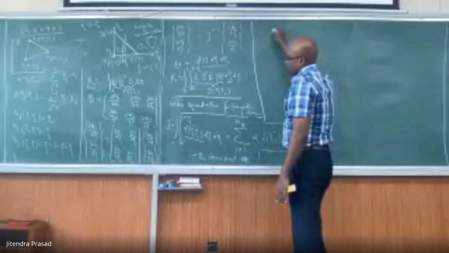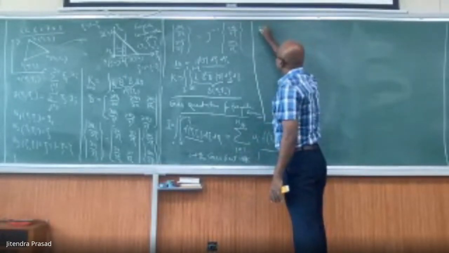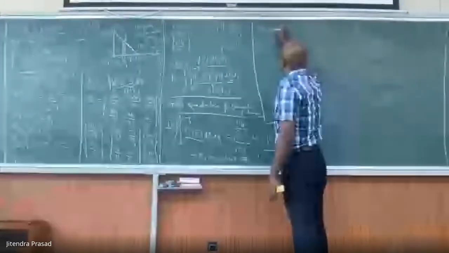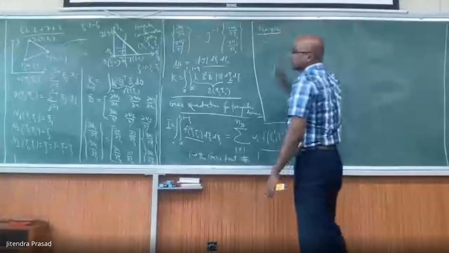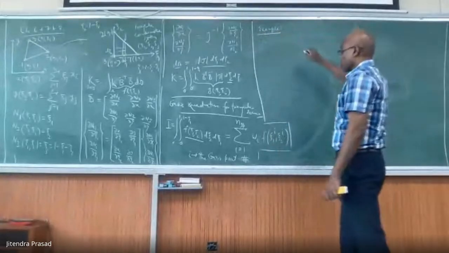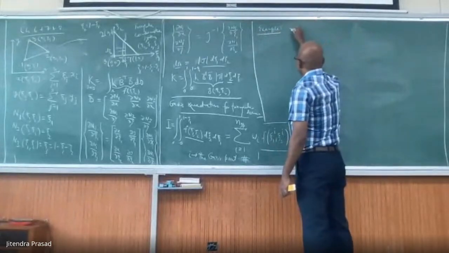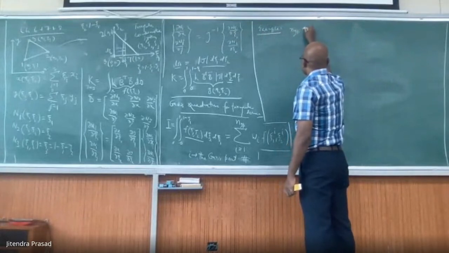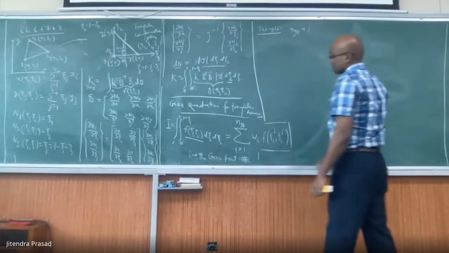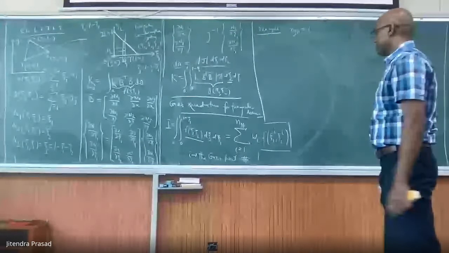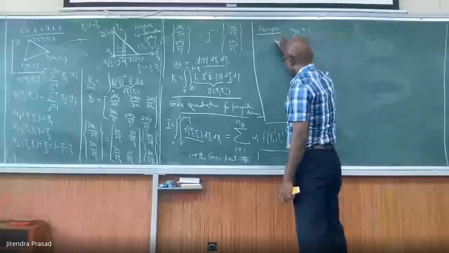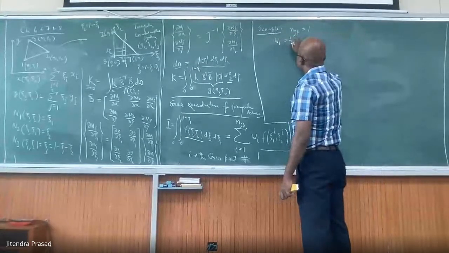So an example will be: number of Gauss points equal to 1. Yeah. Then weight W1 is equal to half.